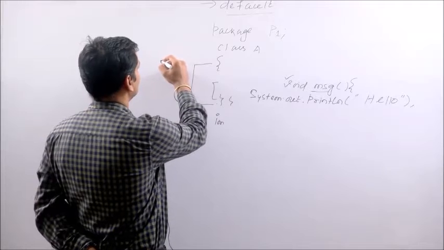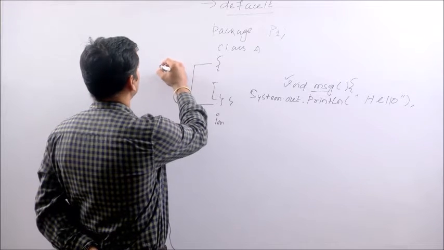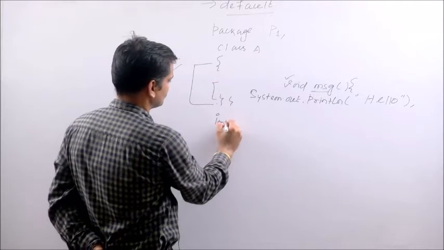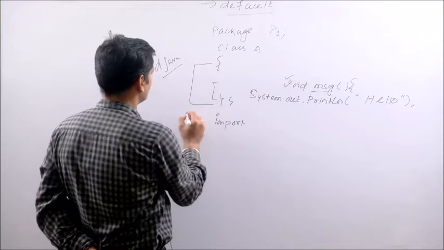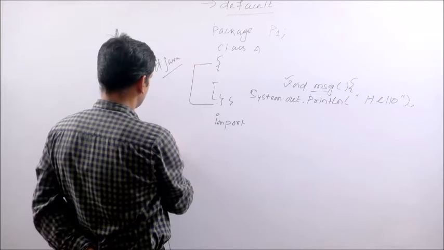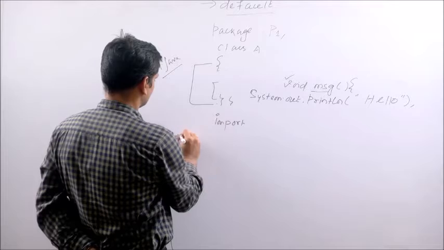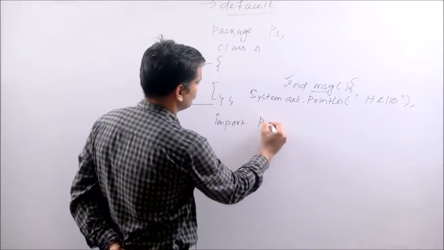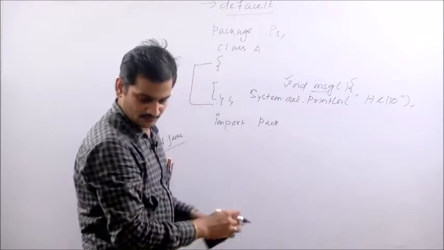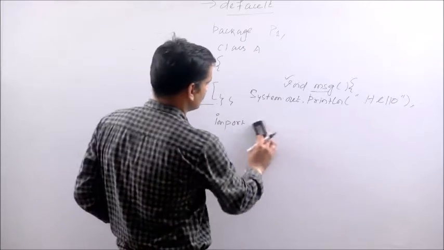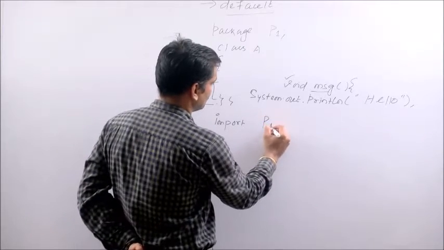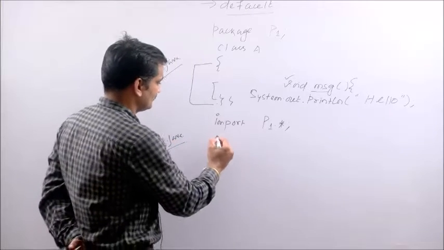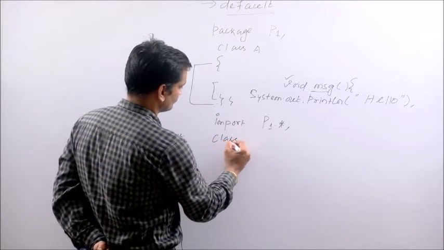You save this program as d.java, and this program as test.java. Then you import the package here, import P1 dot star. You just import P1 here and you define the class here in another program.